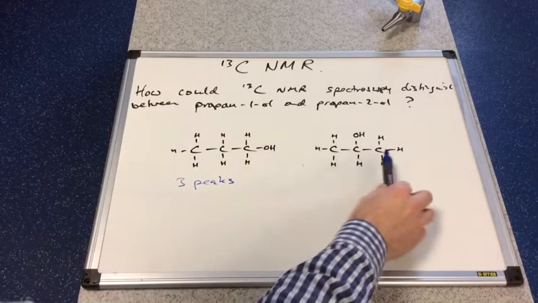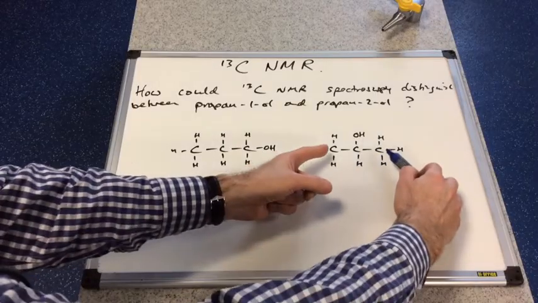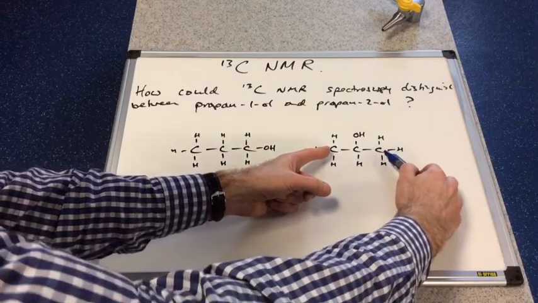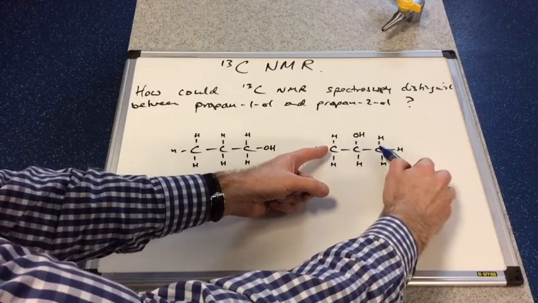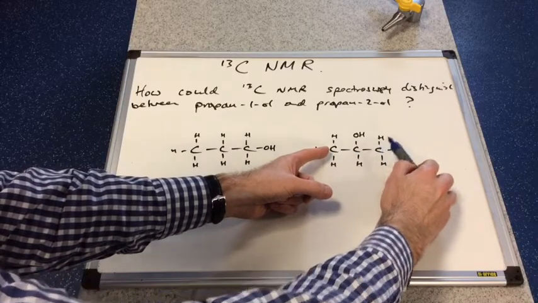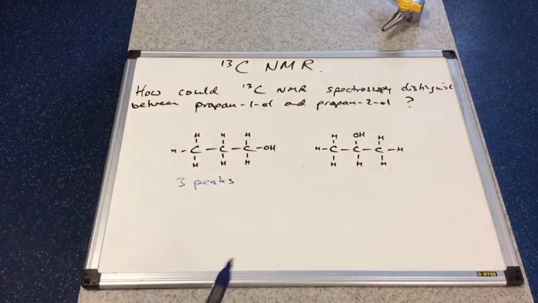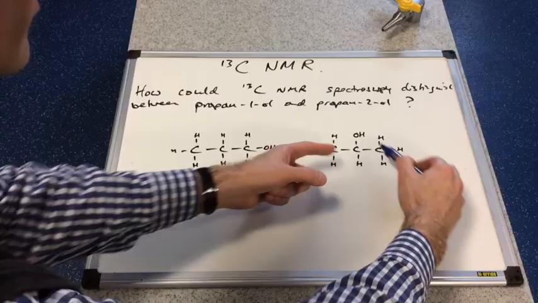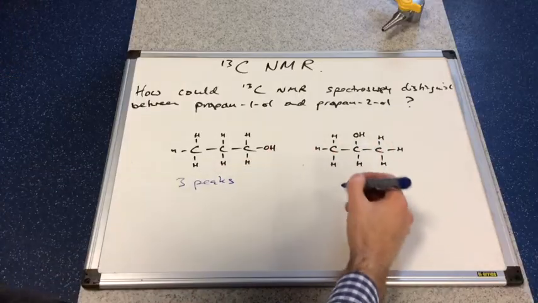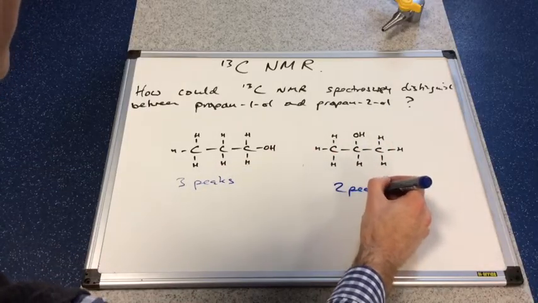In propan-2-ol, the carbons at either end are equivalent to each other, and therefore they have the same environment. They're going to absorb the same amount of energy when they resonate, and so you've got 2 environments, so 2 peaks in this one.